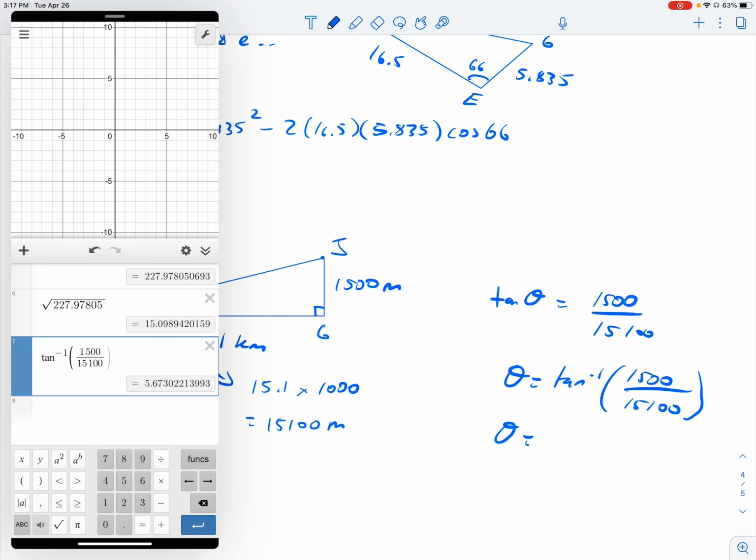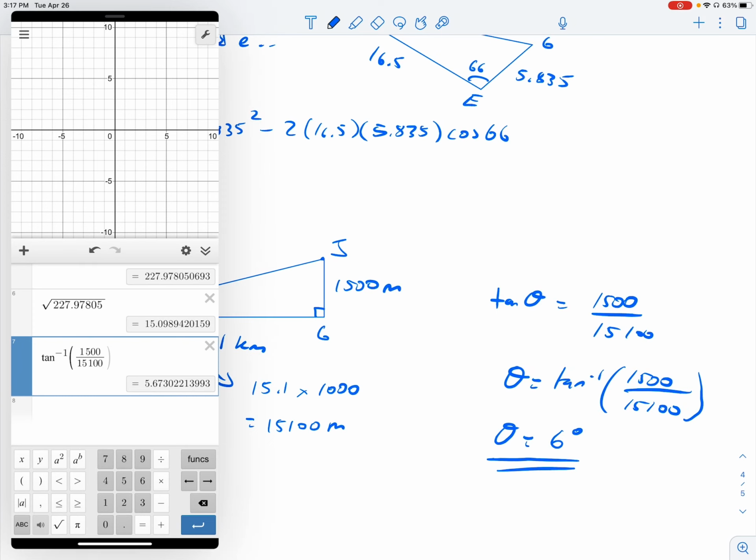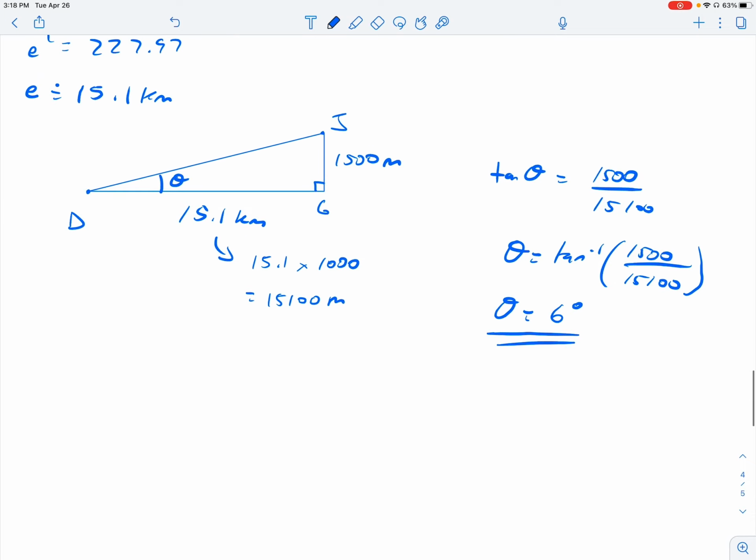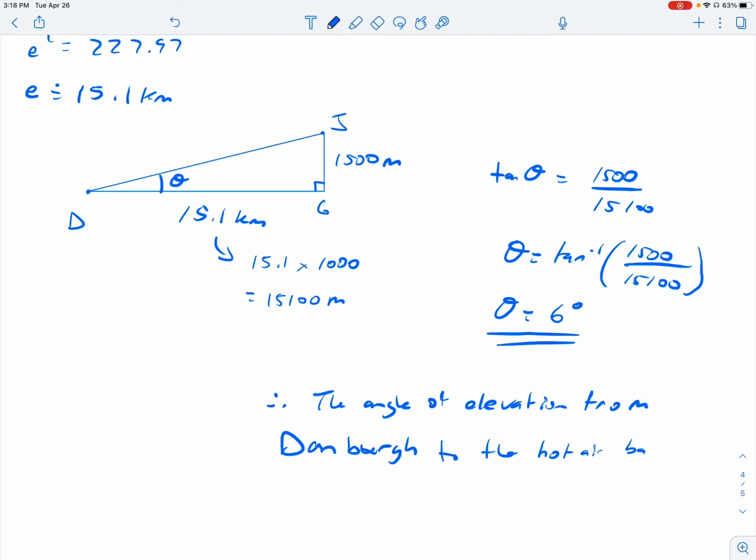The question says to the nearest degree, so we should round up to 6 degrees. Now we can write a final statement. We can say, therefore, the angle of elevation from Danberg to the balloon is 6 degrees.